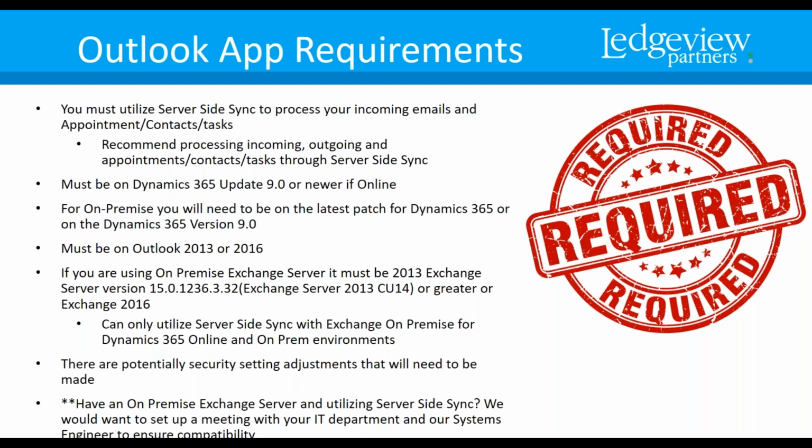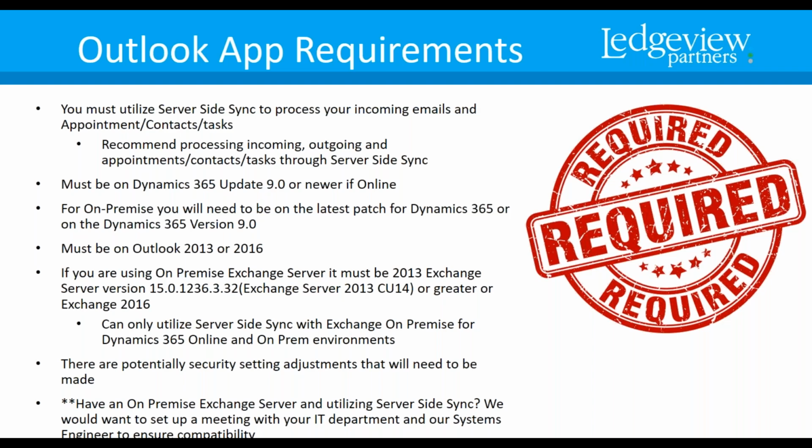If you're using an on-premise Exchange server, I've repeated this a few times, but it's very important to know. It has to be Exchange Server 2013 in that particular version or greater, or Exchange 2016. You can only utilize server-side sync with Exchange on-premise for Dynamics 365 online and on-premise environments. There are going to be some security adjustments that will need to be made.